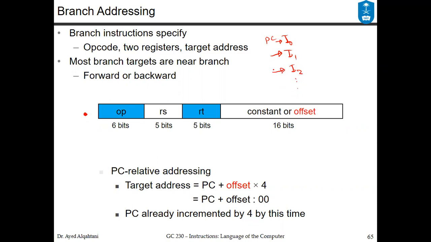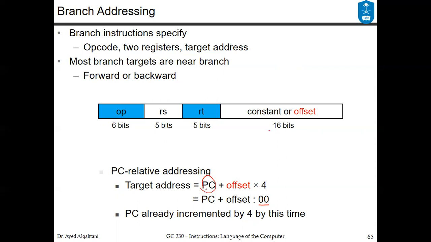So automatically, while you are executing an instruction, the program counter is already adding 4 to itself to go to the next instruction. So we have the PC already incremented by 4. We take the offset and multiply it by 4, and we add it to the PC. Remember, to multiply by 4, you shift to the left 2 positions.